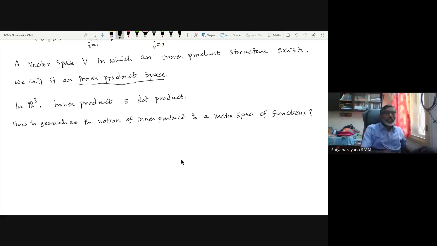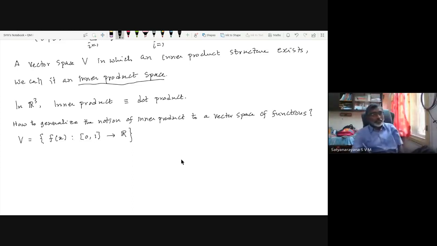So let us consider the set of all functions like this. Consider V equal to the set of all functions f of x, let's say x going from 0, 1 to real numbers. Let's not worry about any boundary conditions. Let's say we take this set of functions.